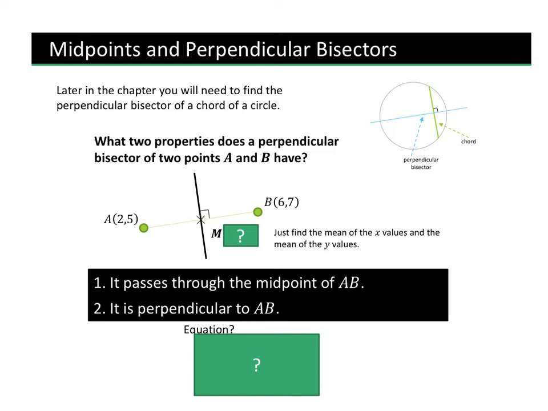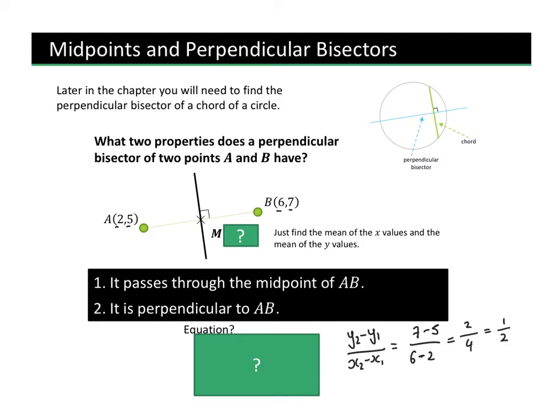which we can do by doing y2 minus y1 over x2 minus x1. So we're going to have 7 minus 5 over 6 minus 2. 7 minus 5 is 2. 6 minus 2 is 4. 2 over 4 is a half.